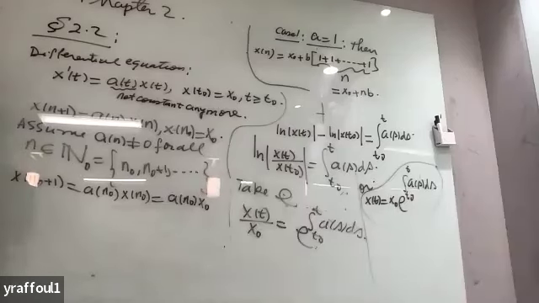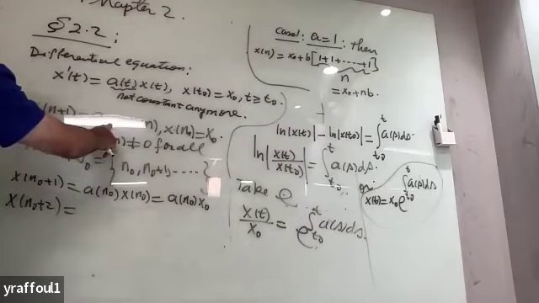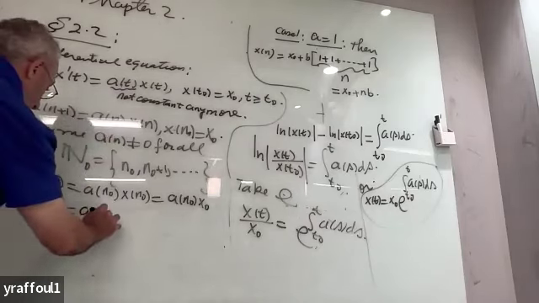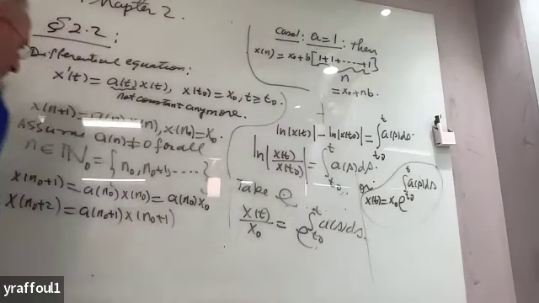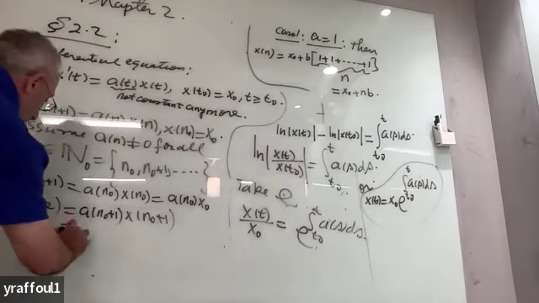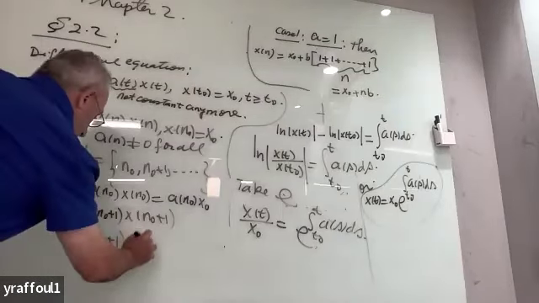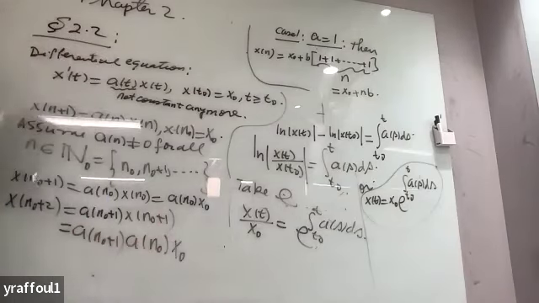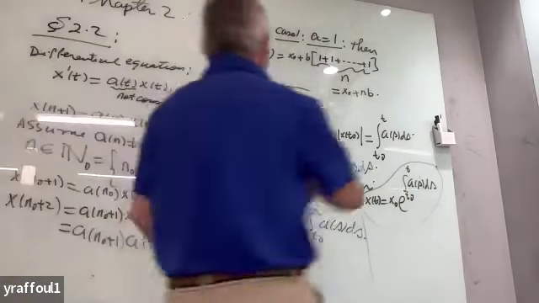For n equal n0 plus 1, x(n0+2) equals a_{n0+1} x_{n0+1}, and x_{n0+1} is this one, so that is a_{n0+1} times a_{n0} x0. Let's do one more.